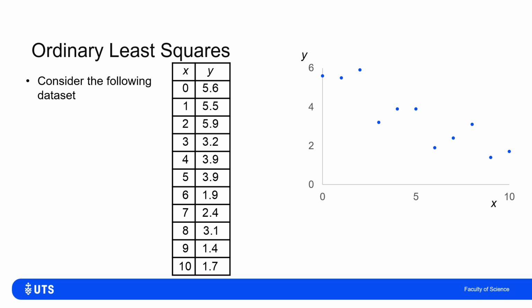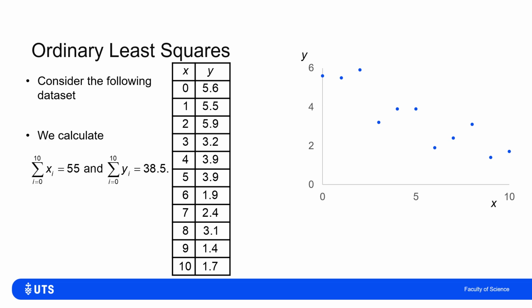It drops from an intercept of about 6 or 7 at x is 0 to y is about 2 at x is about 10. So it drops about 5 units as it goes across 10 horizontally. So it has a slope of about minus 0.5, I believe.